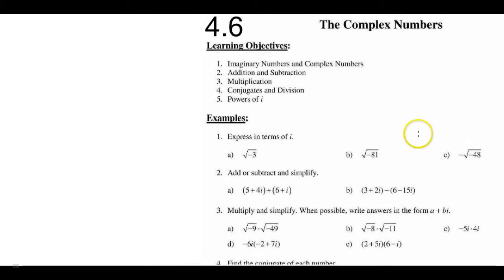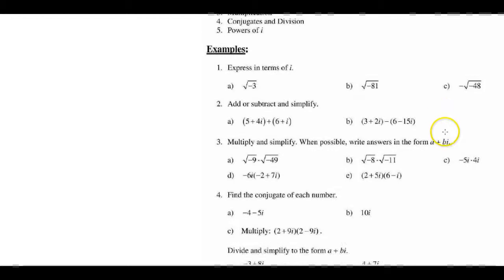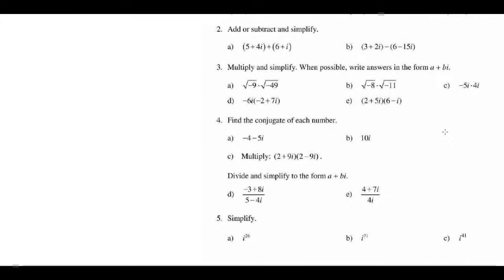All right, let's move on to example 2. Now, in example 2, we're adding imaginary numbers. And over here, we're subtracting imaginary numbers. Now, the same rules apply as when we were just working with a variable.